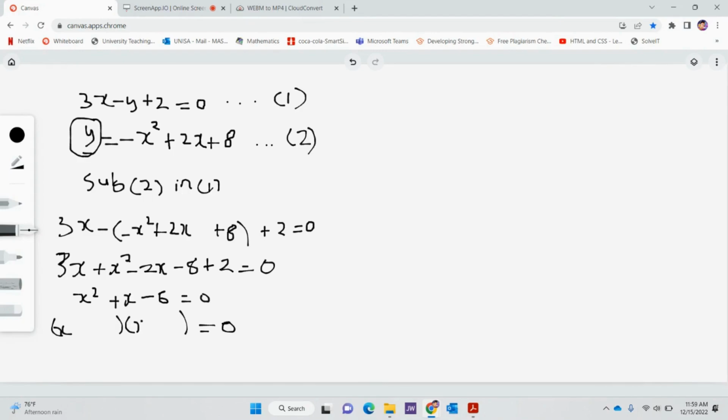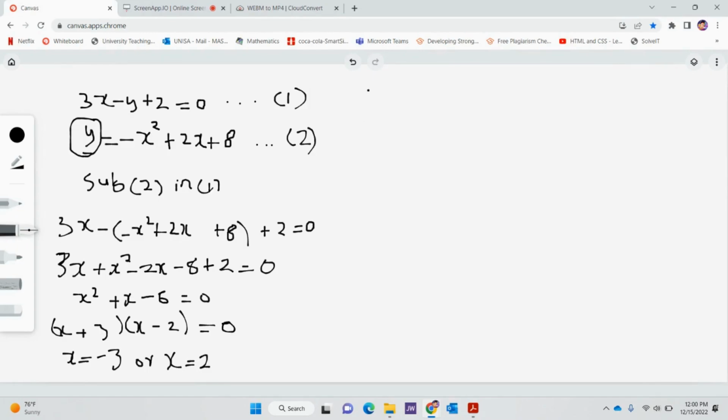And then for 6, obviously, it will be 3 and 2, because 3 minus 2 is 1. So we're going to have plus 3 and minus 2. So this is minus 6 if you multiply them out, but 3 minus 2 does give us positive 1. Therefore, x is equals to minus 3, or x is equals to positive 2.